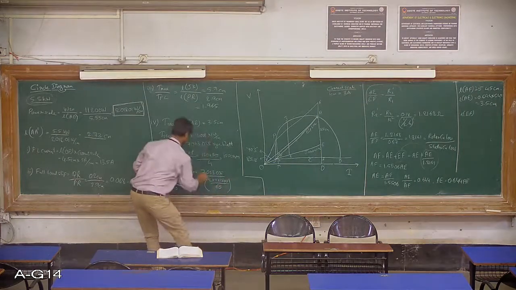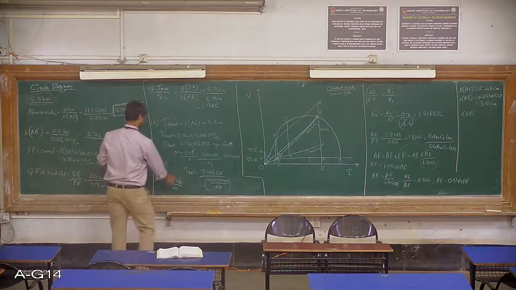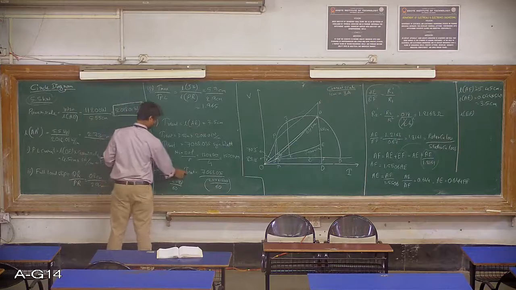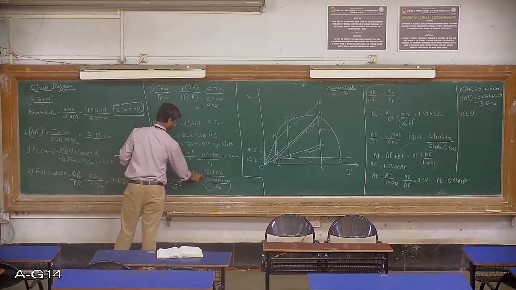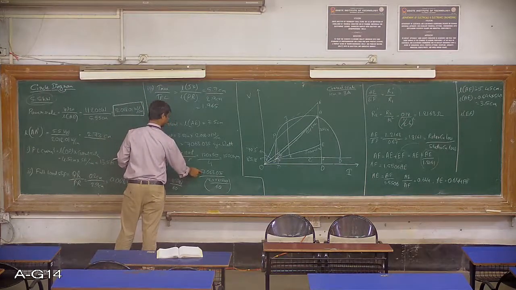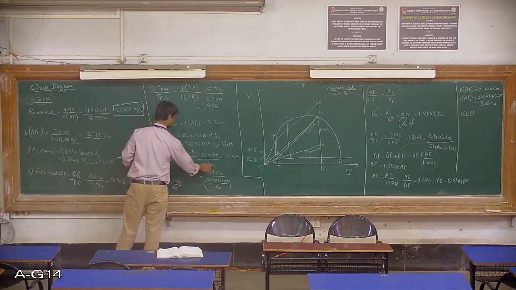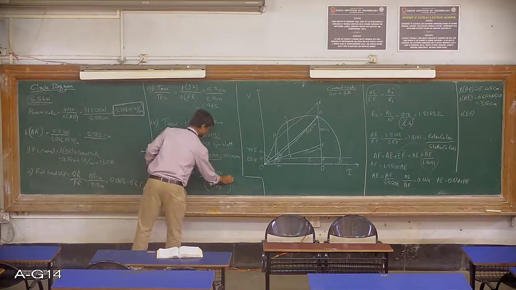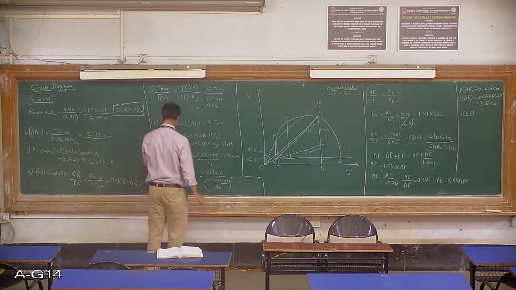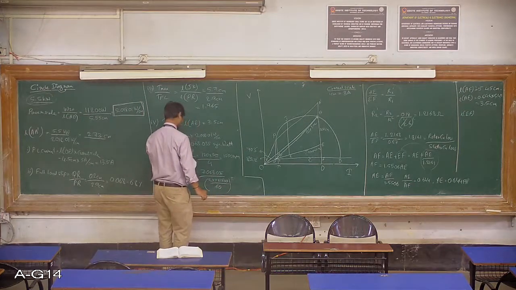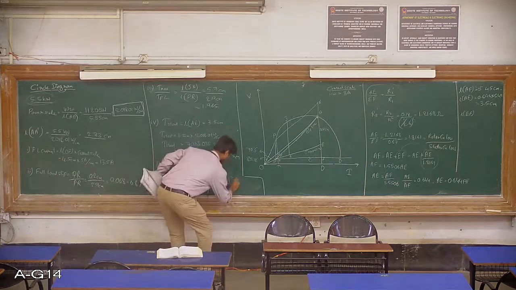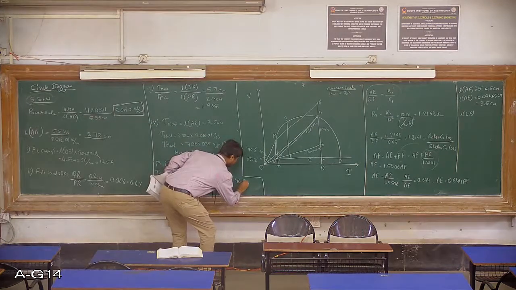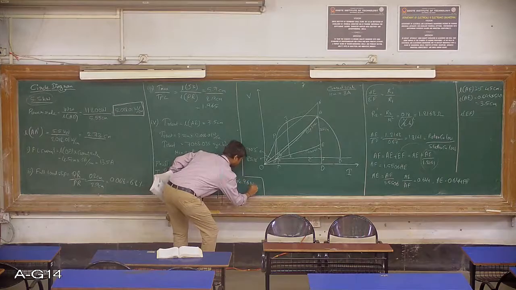This is omega. T is equal to P by omega. Although it is the torque, it is in terms of watts, so I am taking it as P. So if I do this, I'll be getting it as 44.96 Newton meter.